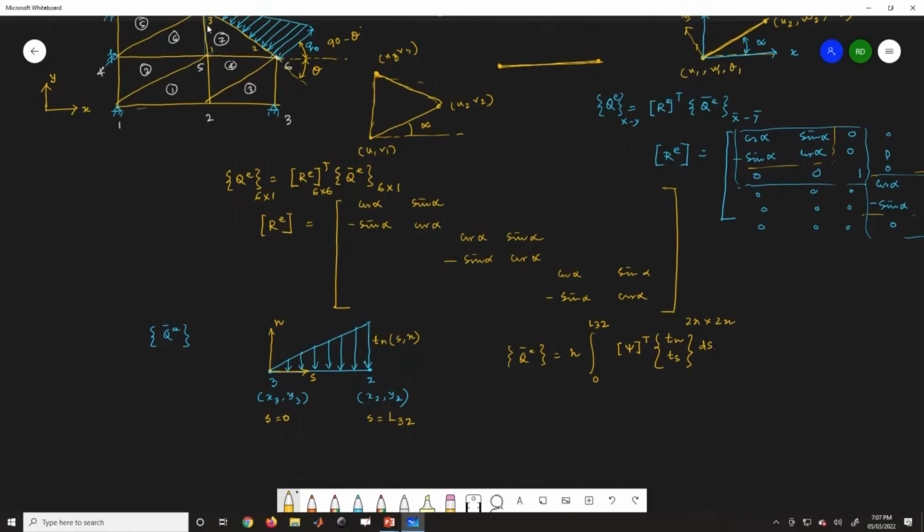These are inner sides of this triangle, so they cancel out with the contribution from the neighboring element.